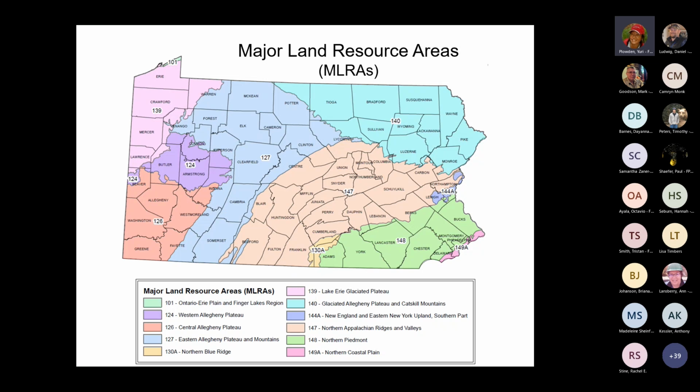That's the Ridge and Valley. You see 140, the light blue in the northeast corner, and 139 in the northwest corner. Those are the glaciated plateaus. You see the Piedmont, 148, in the southeast corner, and 127, 124, and 126. Those are the Appalachian Plateaus in western PA. And there are a few other small ones that are also in Pennsylvania.